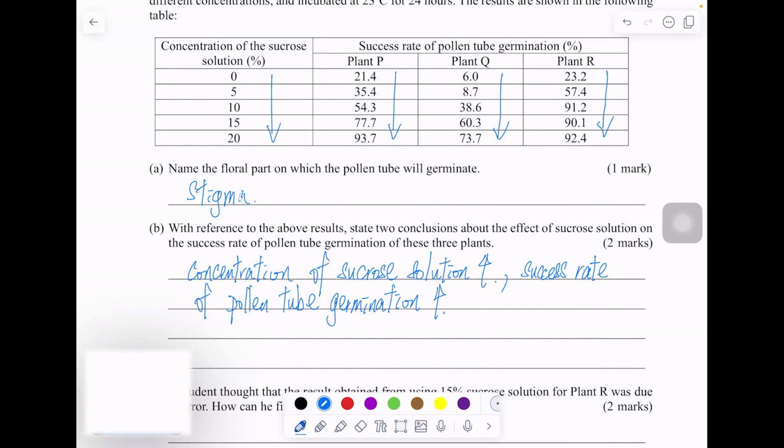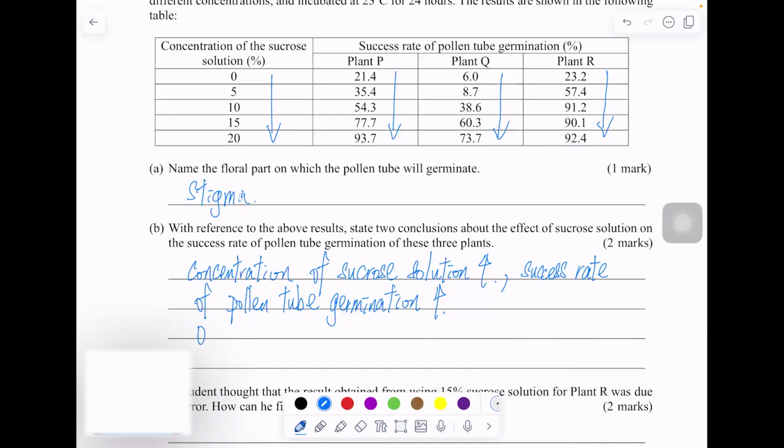Some students do mention one more conclusion, even though it is not in the answer, but we do think that it is a correct one.